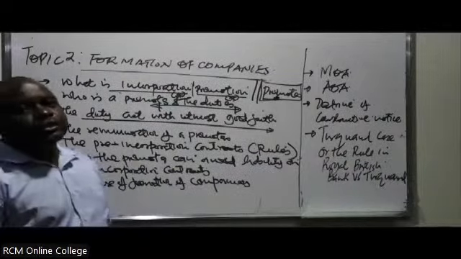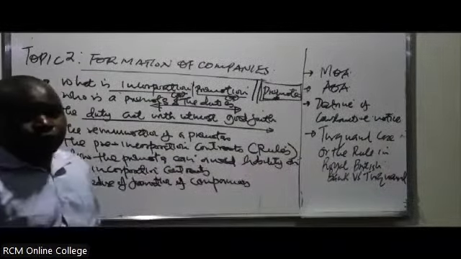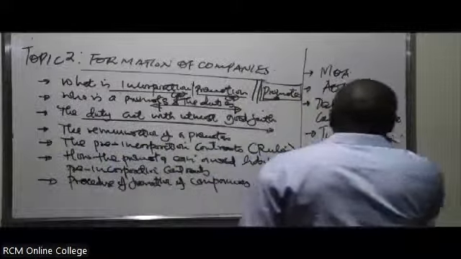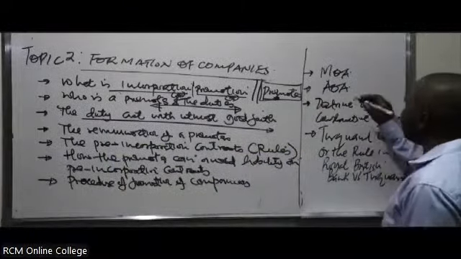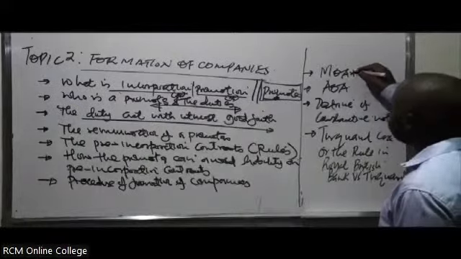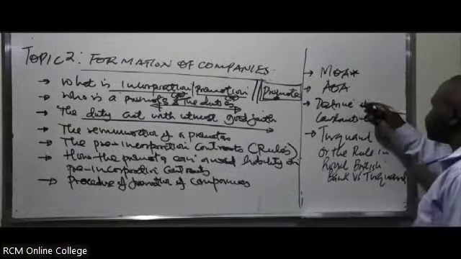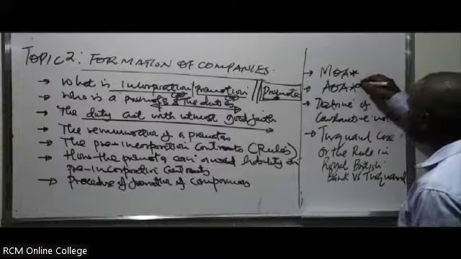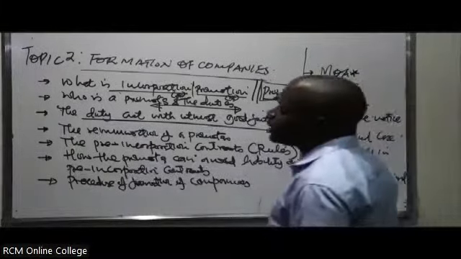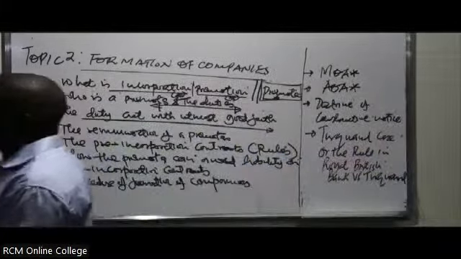Another duty is to formulate two key documents. We've been able to mention them here. One of them is what we refer to as a memorandum of association. Another we refer to as an articles of association. Formulate two key documents that will enable the formation of the company.